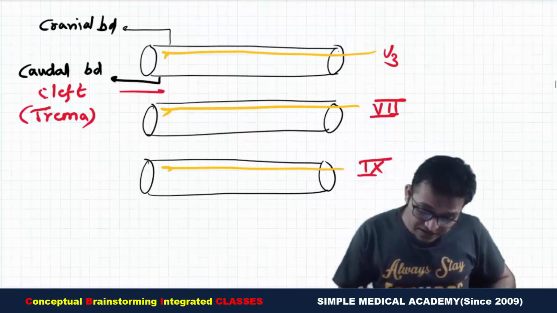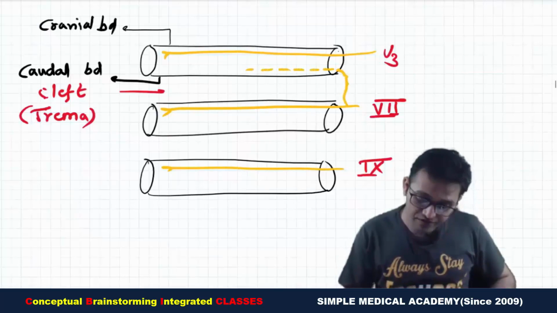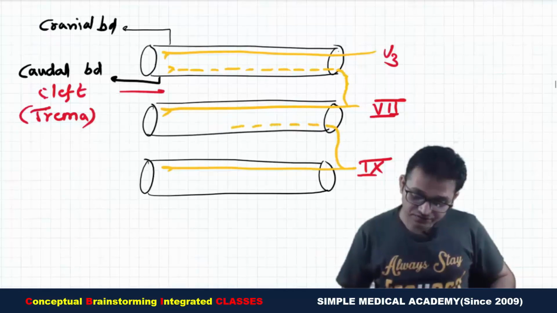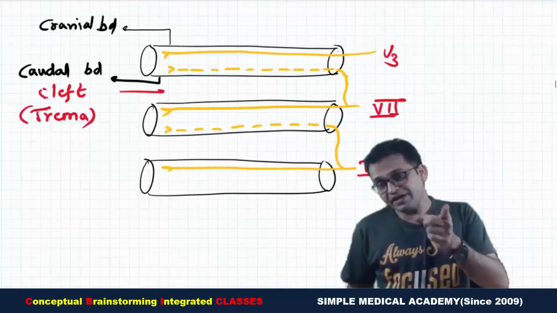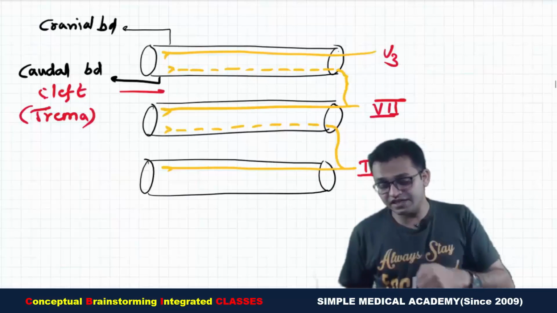But these nerves also give one branch which runs along the caudal border. It is not the main nerve, but it is one more nerve running in the arch above. What I want to tell you is, within each arch the main nerve is there, but one more nerve is there which is coming from the succeeding arch.